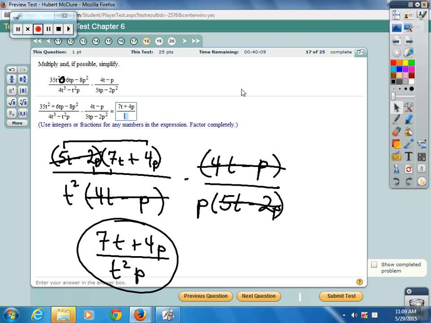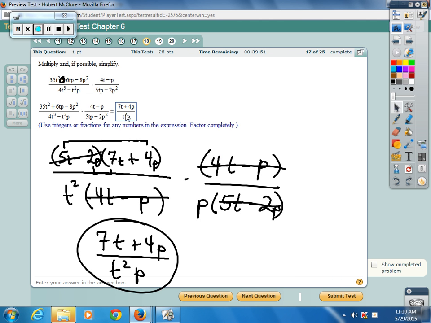P? No. Since T's up here first, I'm going to leave T here. So that's T squared P. Oops. How's that? Except for parentheses, that should be your answer.